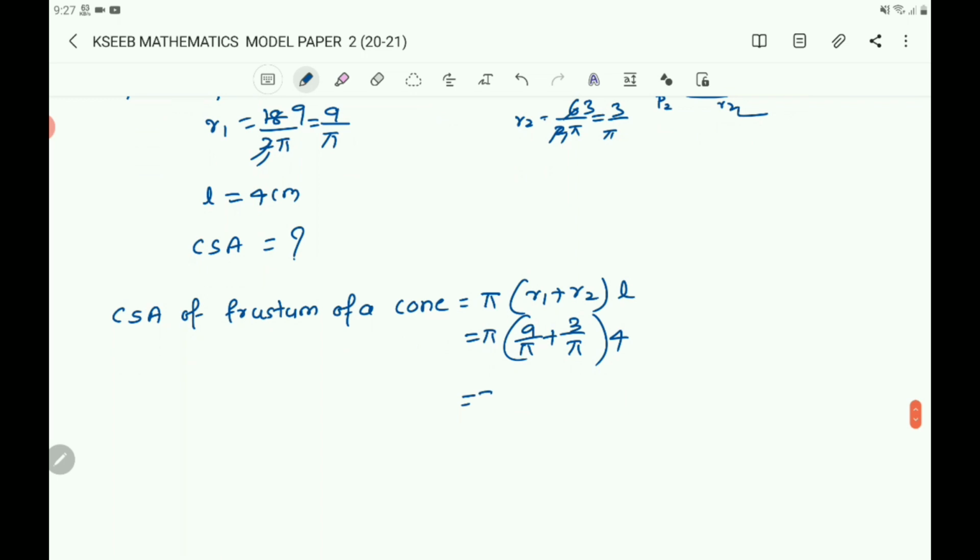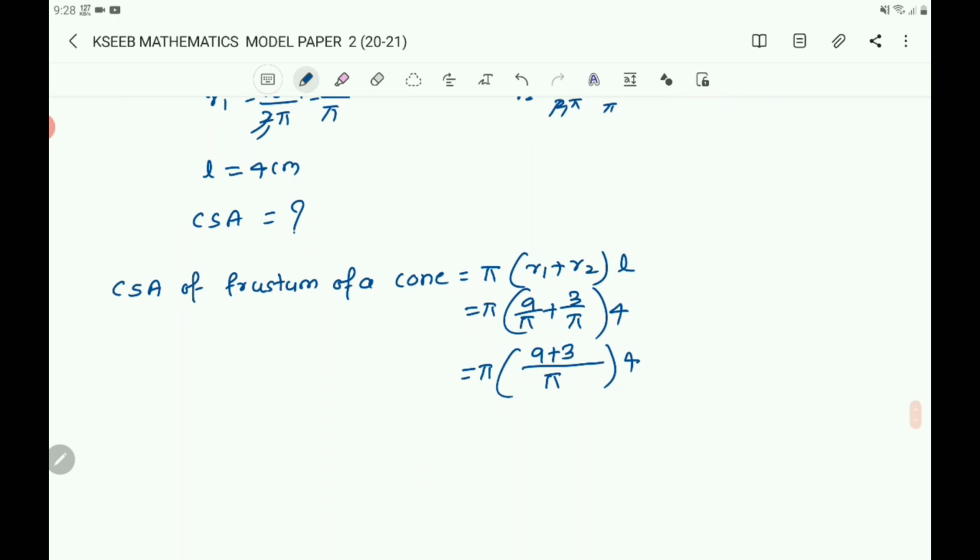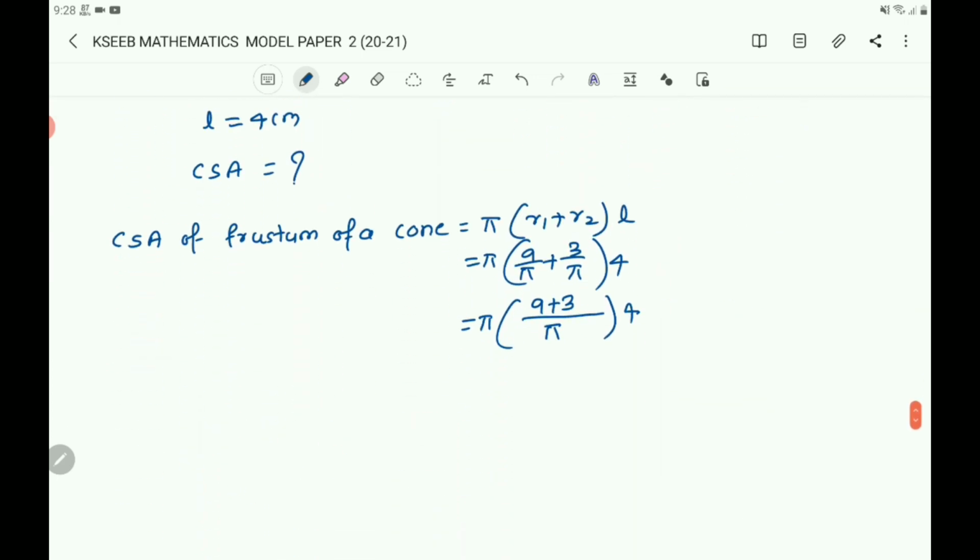Then that equals pi into, here pi is the common denominator. Both the denominators are pi only. Therefore you can write pi as a common denominator, and you can add the numerators, 9 plus 3, into 4. Then pi cancels.